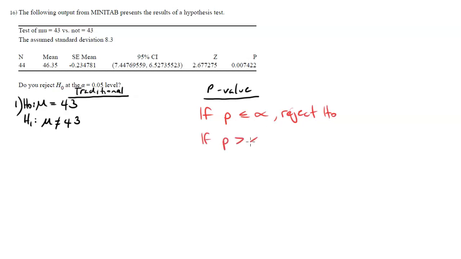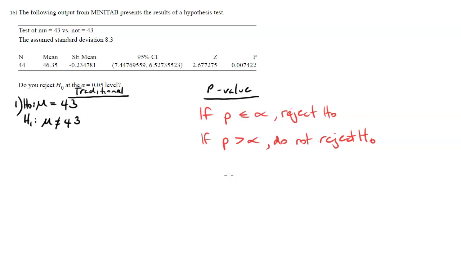If p-value is greater than alpha, do not reject. If I were doing this problem, I would use the p-value method, because this is all you have to remember. This is not on your formula sheet, but you have to remember this, yeah?